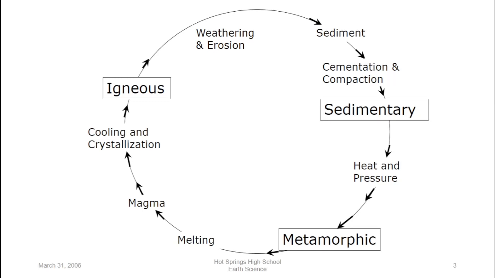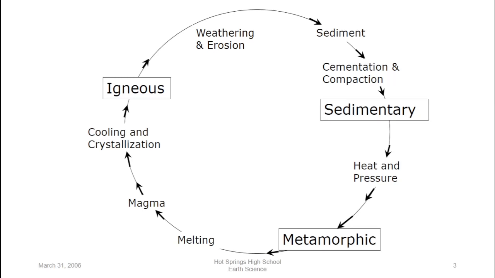Remember, the ultimate goal here is to be able to fill this out for the test. I'll give you 3 or 4 of the pieces, and then you'll have to fill in the rest. I want to start here with sediment, because that was the first place where we began to break things down. We have lots of different sizes of sediment, everything from baseball-sized rocks down to almost microscopic clay.